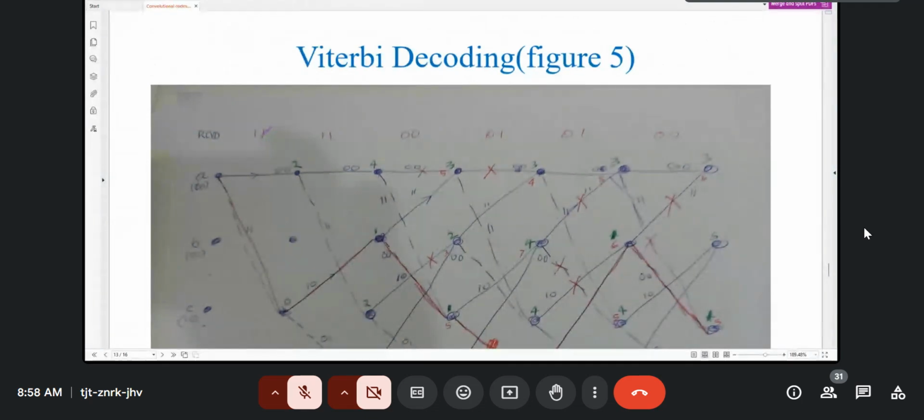So you receive 1 1. When you receive 1 1 and you are starting here at 0 0, because before, everything was reset. So assuming we are starting from 0, everything is reset.